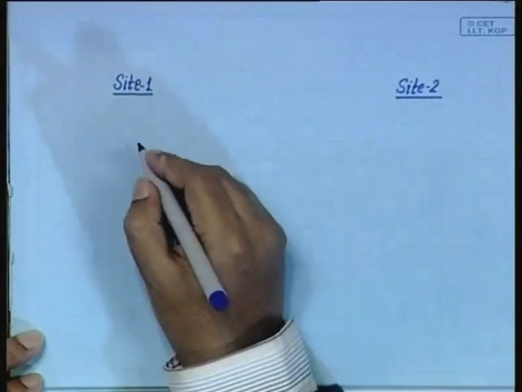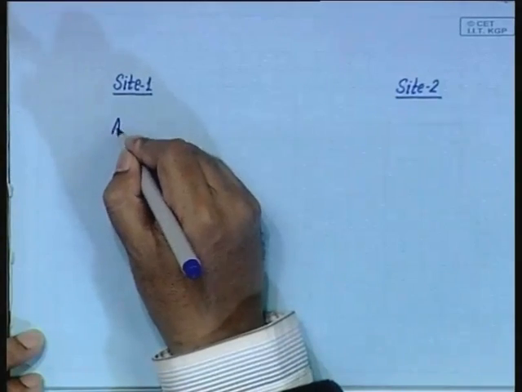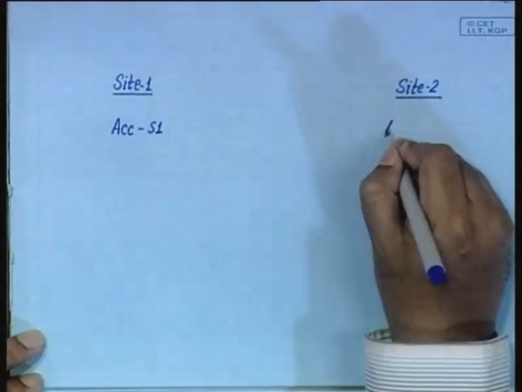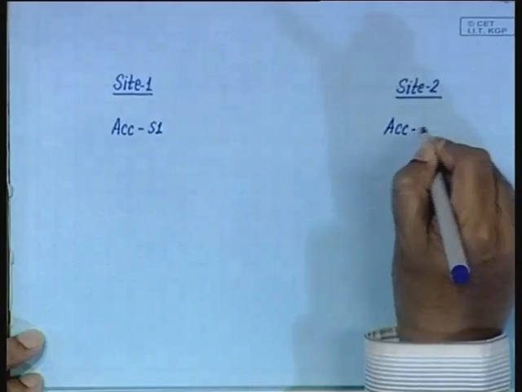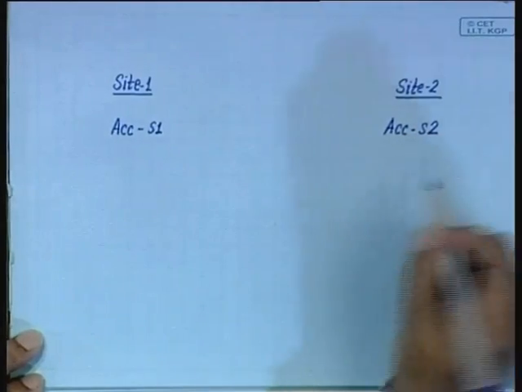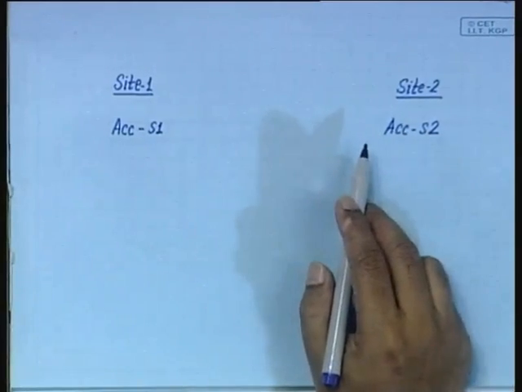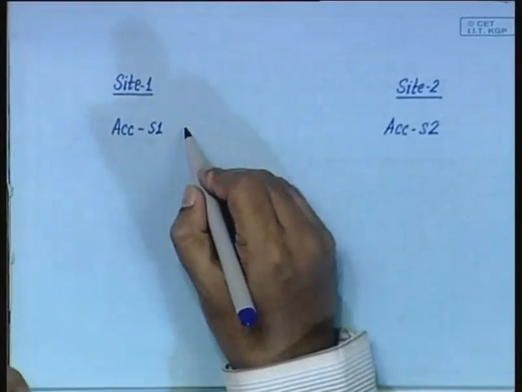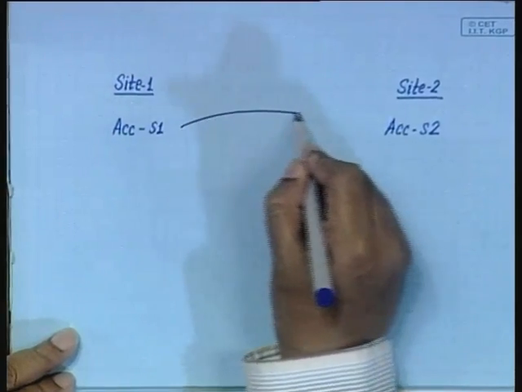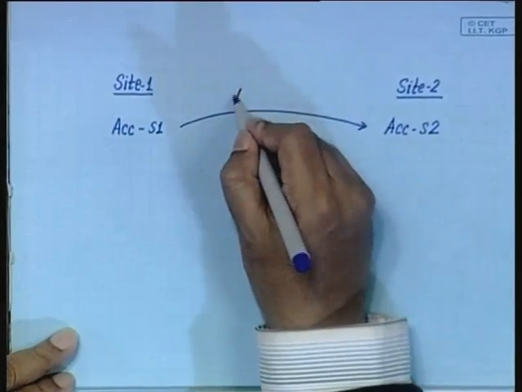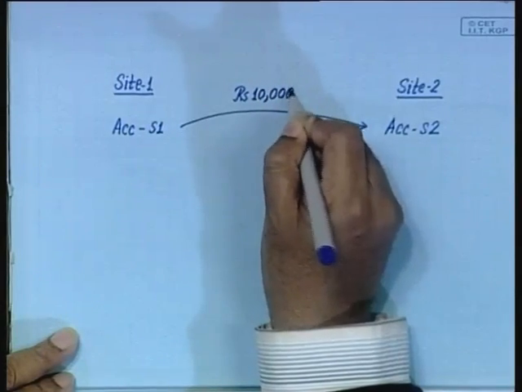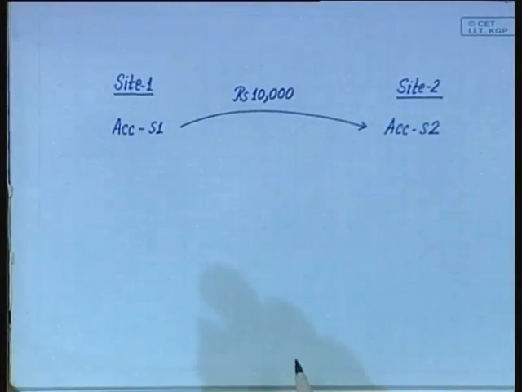Now there is an account S1 in site 1 and an account S2 in site 2, and these are accounts of some bank database, and we want to run a transaction which will transfer from account S1 to account S2, right.